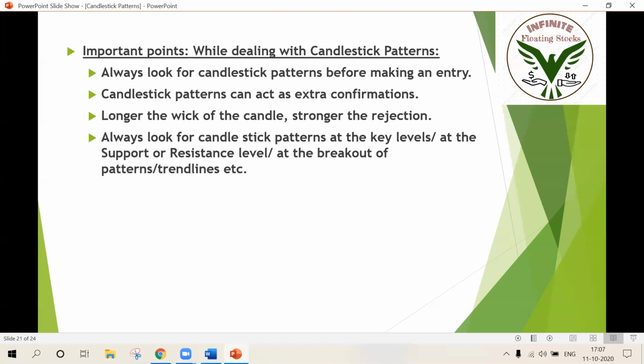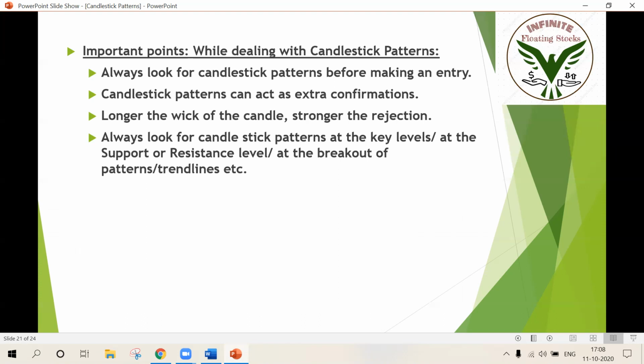It can be a long-legged doji, a gravestone doji, a dragonfly doji, a harami pattern, or an engulfing pattern. You need to look for all these candlestick patterns at support or resistance levels before making entries or exits.